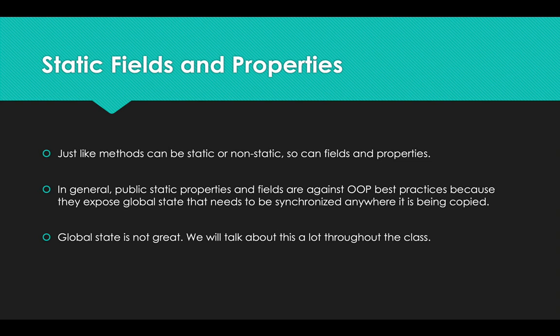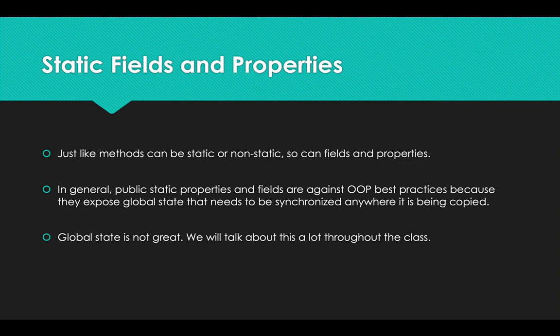So exactly like a method can be static or non-static, fields and properties can also be static or non-static. What we want to highlight here is that in general, a public static property is not a great situation. What it means to be public and static is that your property is exposing global state.